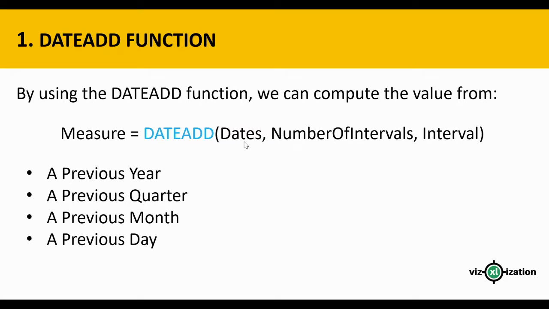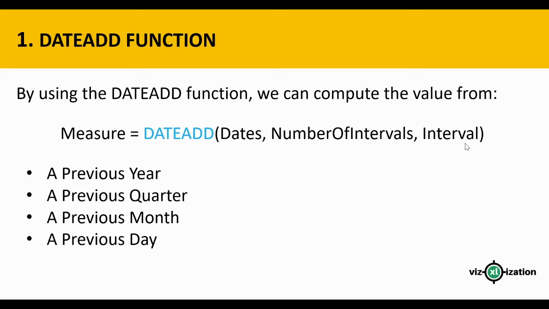Okay, so we will get there. The second point is the number of intervals. In this case, we will be using -1 because we want to compare to just the previous year. And for interval right here, we have 4 options. We can select year, we can select quarter, we can select month, and we can also select day.